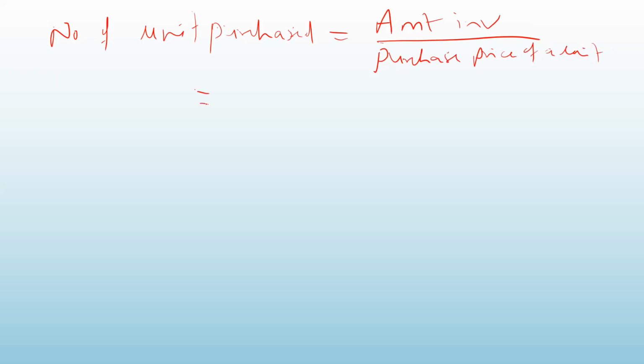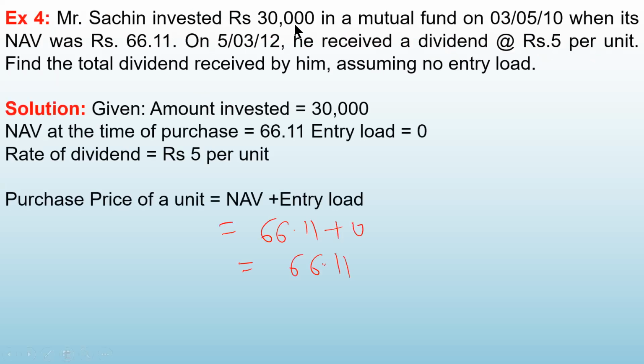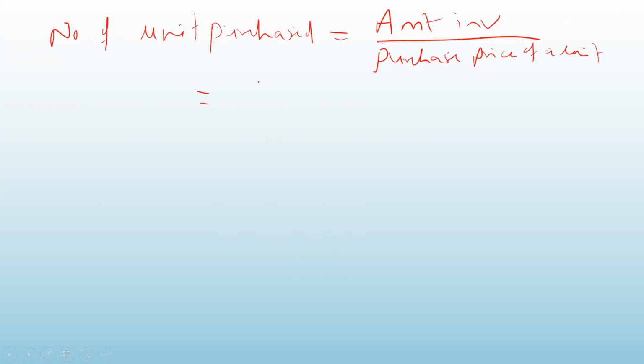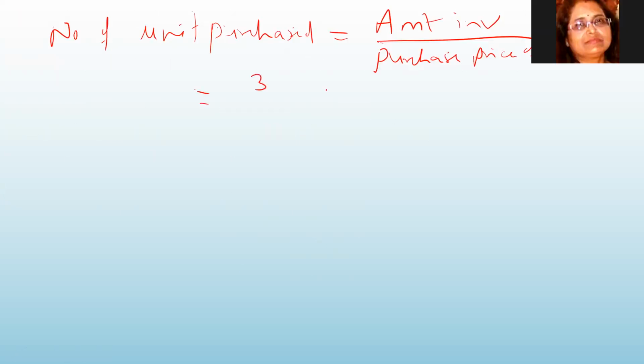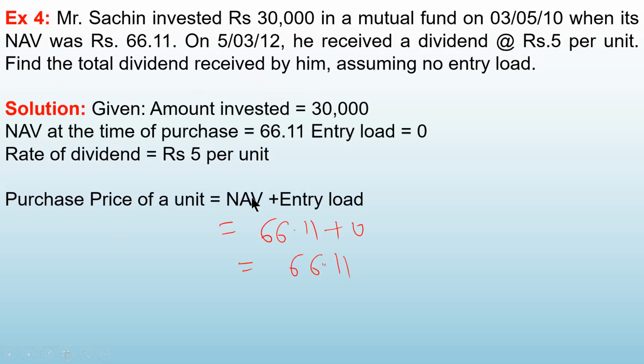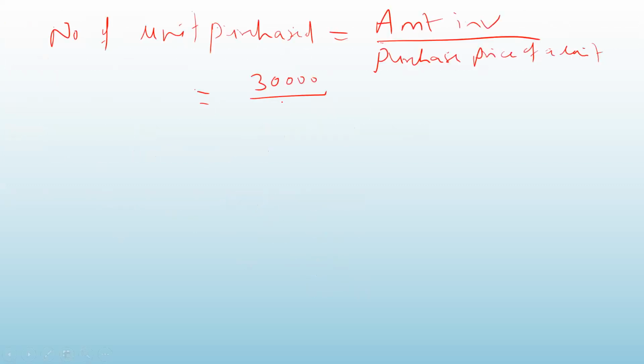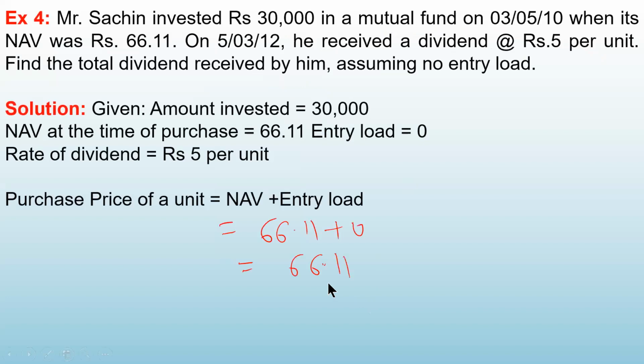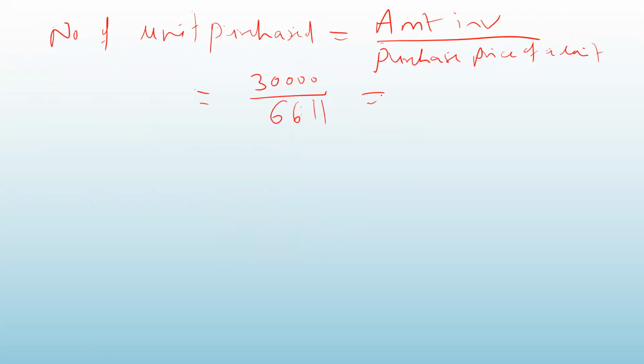How much amount was invested? 30,000. And what is the purchase price? Purchase price is the same as NAV because entry load is 0, so 66.11. So 30,000 divided by 66.11. Find this out.